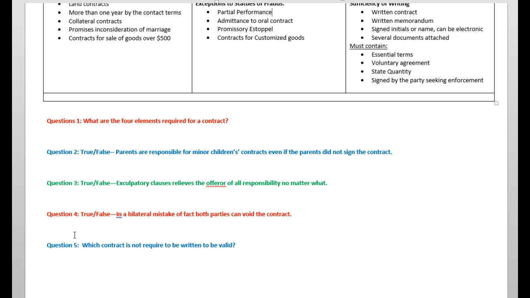In a bilateral mistake of fact, both parties can void the contract. And the third one is which contract is not required to be written to be valid. Which contracts in that list do not need to be written. I didn't write that very well.